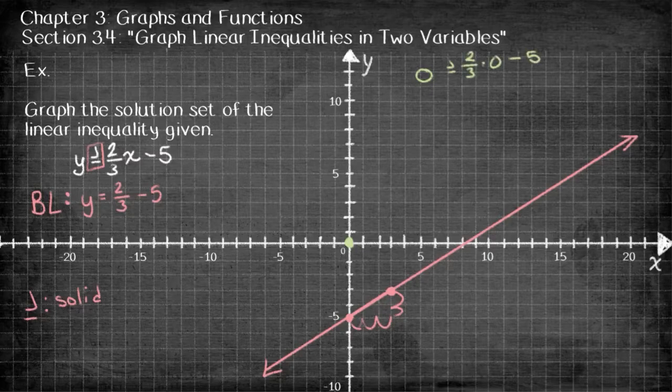Once we do that, we then check if we have a true statement. So if I simplify, I would get 0 is greater than or equal to -5, which is true. So that means the solutions to this linear inequality are on the same side of the line as (0, 0).